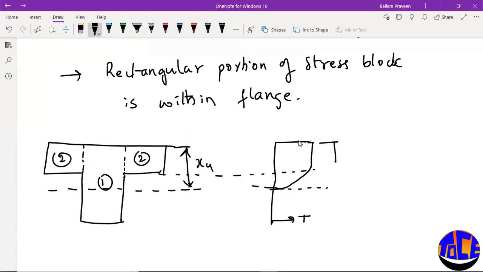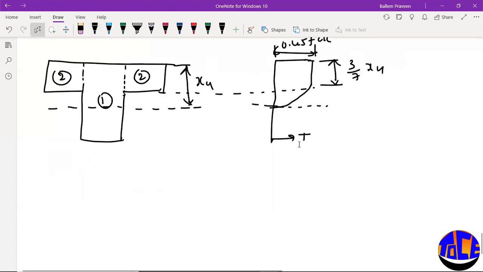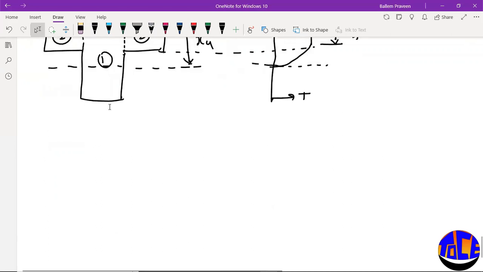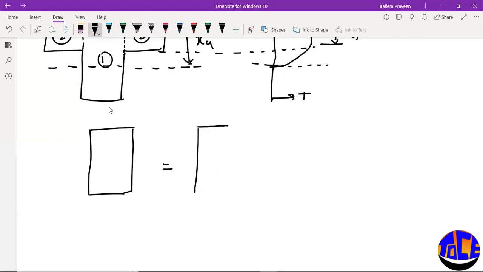The rectangular portion depth will be 3/7 of xu, and you know that this is 0.45 fck. For the design case, the design is similar; we have just divided it into two separate sections, one flanged and one rectangular. For the rectangular portion, the stress block diagram will be the same, something like this.